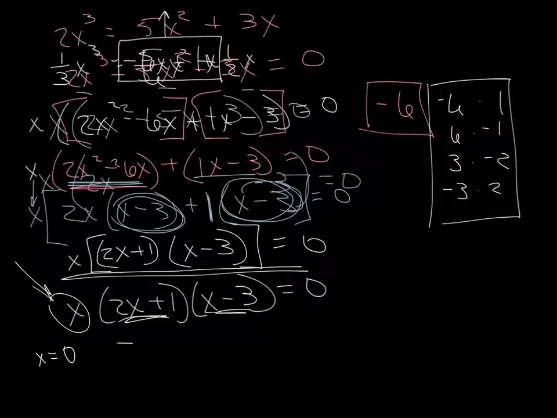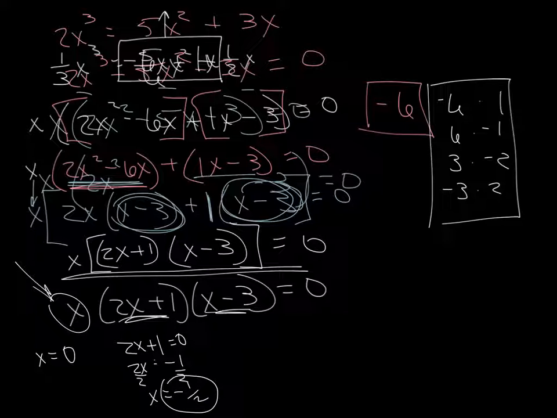Now I need to find out what's going to make this parenthesis 0. So 2x equals, subtract 1 from both sides, divide by 2, divide by 2. So when x equals negative 1/2, my answer is going to be 0. That's another one of my answers.